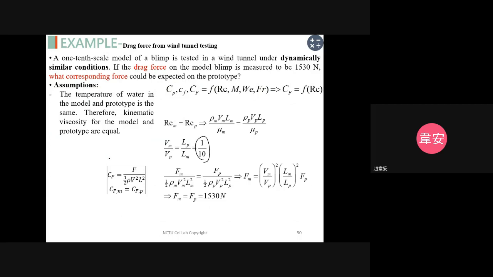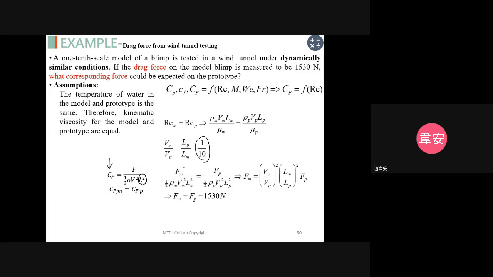But right now we change the dependent pi group from the pressure coefficient to the force coefficient. The definition of the force coefficient is the force divided by 1/2 rho V squared and L squared. The only difference compared to the pressure coefficient is L squared, a parameter related to the dimension of the area.